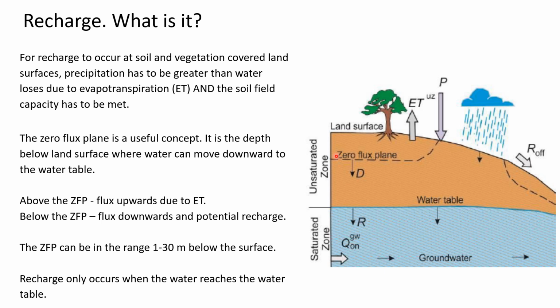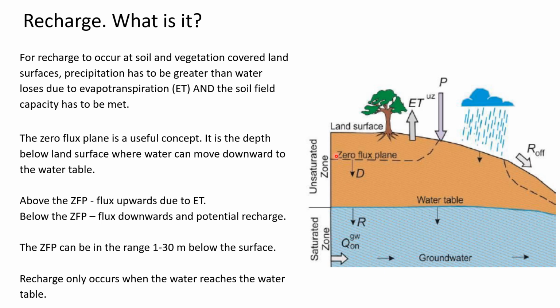So above this line you would lose water to the surface due to transpiration and evaporation, but below that line you're beyond the zone where you might actually have tree roots going to depth and actually taking the water and having it for tree water use. But at a certain depth they can't access that water anymore. You're beyond the zone where evaporation can occur and you get downward water movement.